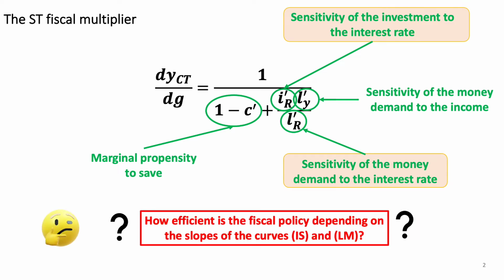We are going to use our knowledge on the IS and LM curves to answer the following question. How efficient is the fiscal policy depending on the slopes of the curves IS and LM and depending on the characteristics of the economy that these slopes represent?